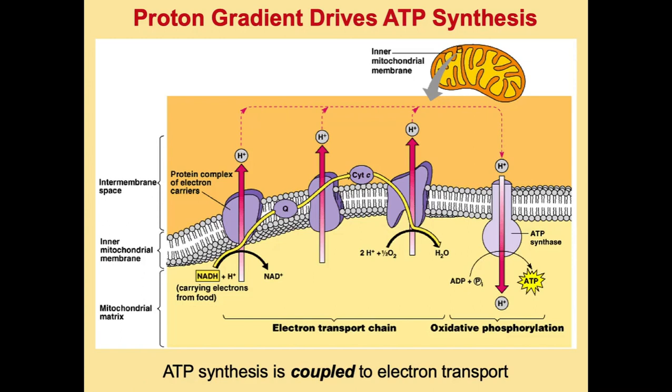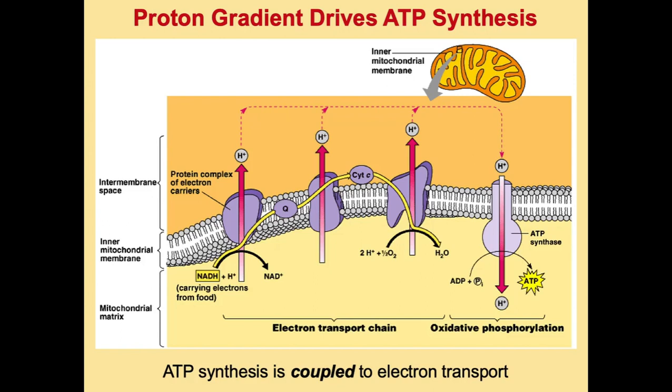As this is flowing down a gradient, it generates energy, and this energy is then used to create new ATP from ADP and inorganic phosphate. So the production of ATP, or ATP synthesis, is said to be coupled to electron transport.